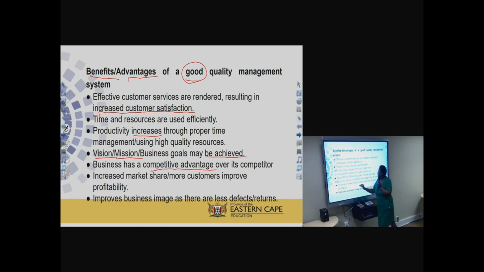Also, you will broaden your market share, with more customers, which will enable the business to improve profitability. And the image of the business will be improved, which is the main aim. Why is it improved? It's because you are producing products with fewer defects. There are no returns. That's why it will improve.